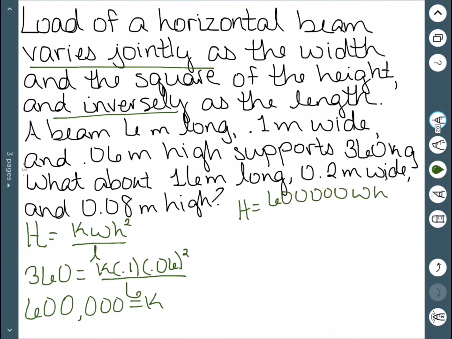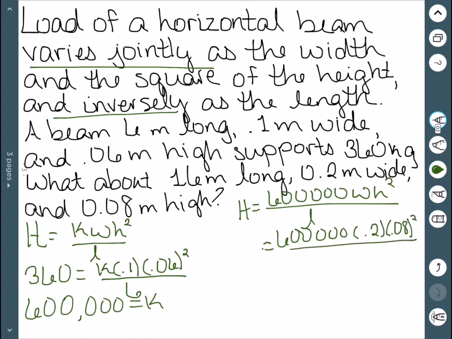So now I have my set K and I can stick in my information. We're now considering a width of 0.2 and a height of 0.08, and then a length of 16. And if we work this out, we get that the maximum load it can carry is 48 kilograms.